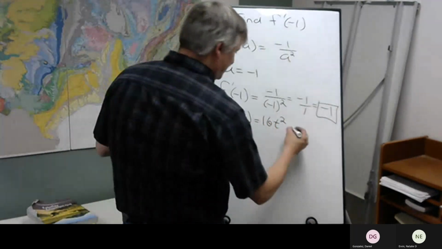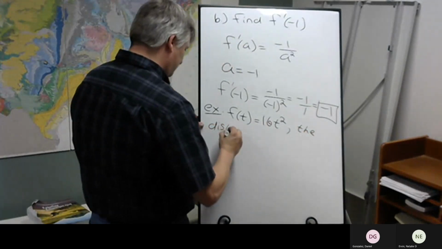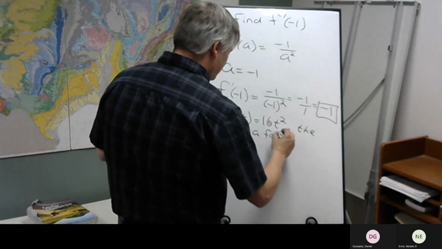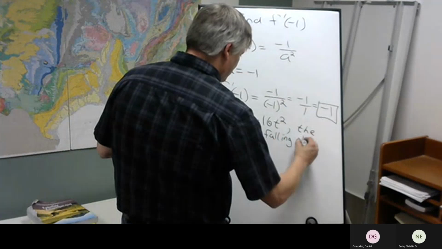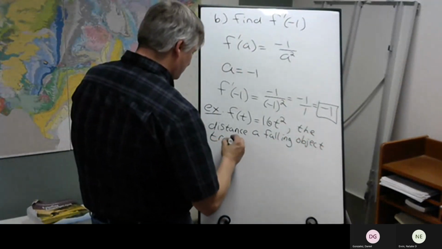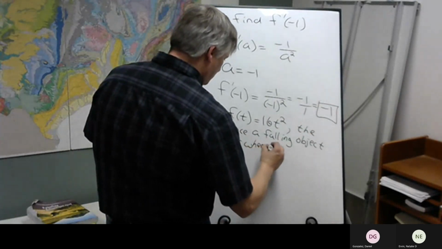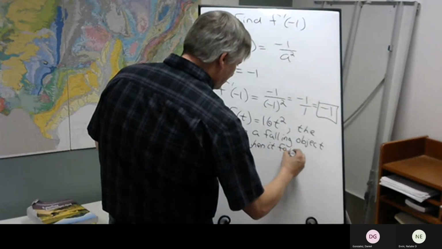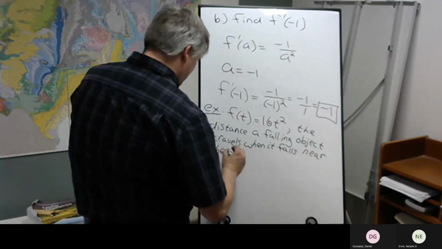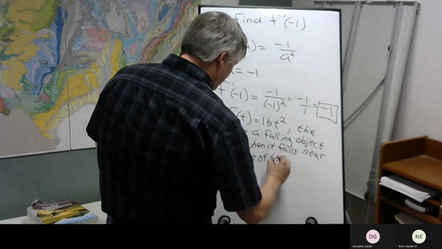And this is the distance a falling object travels and falls near the surface of the Earth.